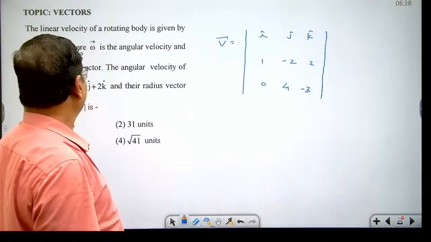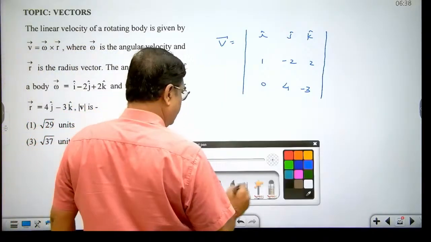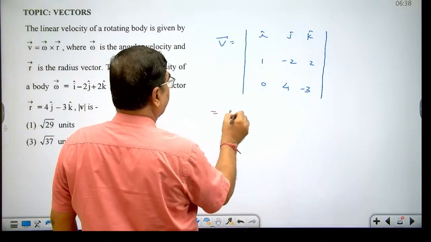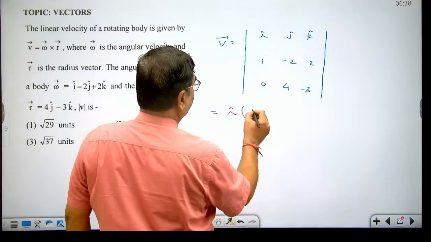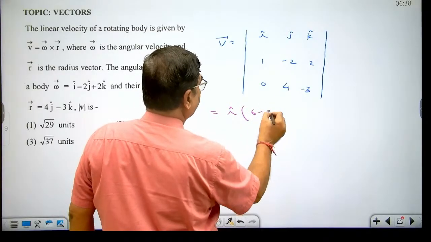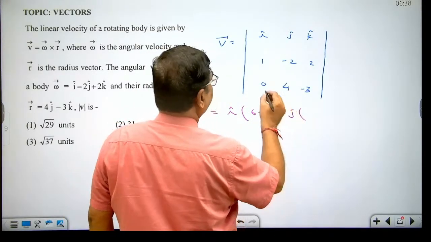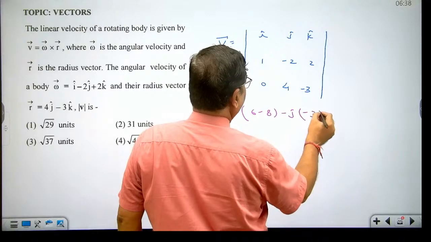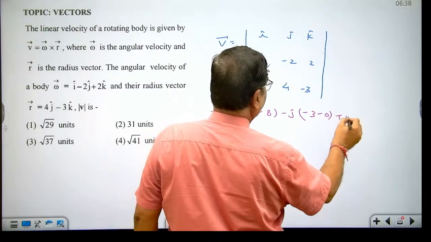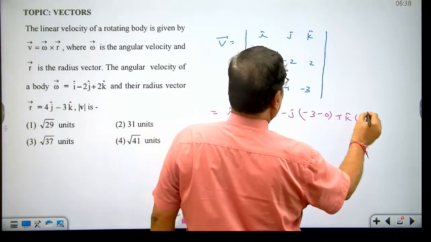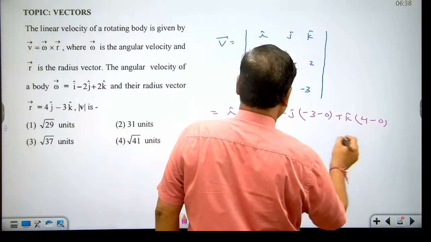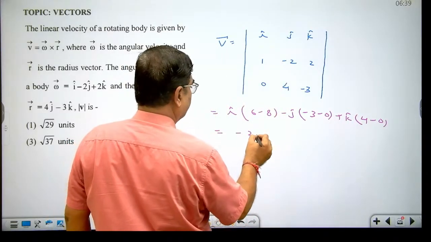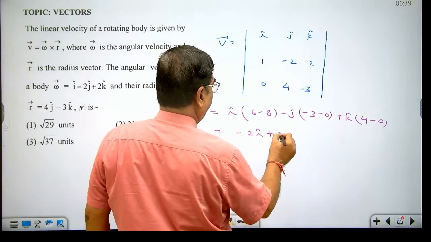So if we solve this determinant, then we will get i cap (minus 2 times minus 3, that is 6, minus 8) minus j cap (minus 3 minus 0) plus k cap (4 minus 0). After solving this, we will get minus 2i cap plus 3j cap.